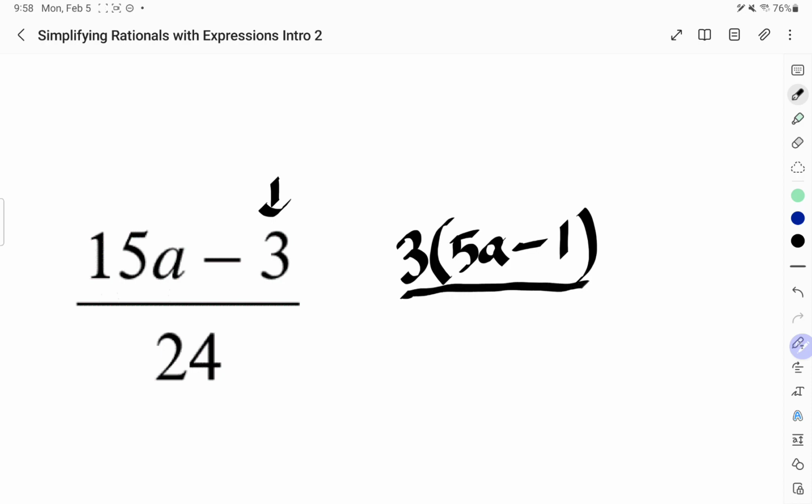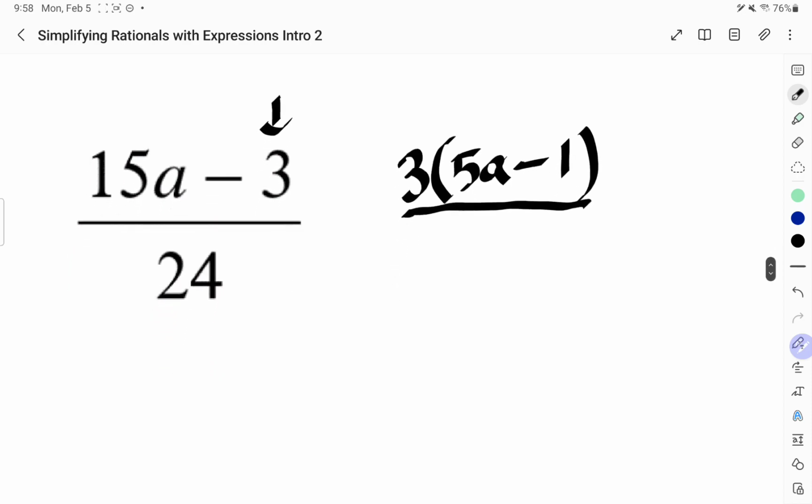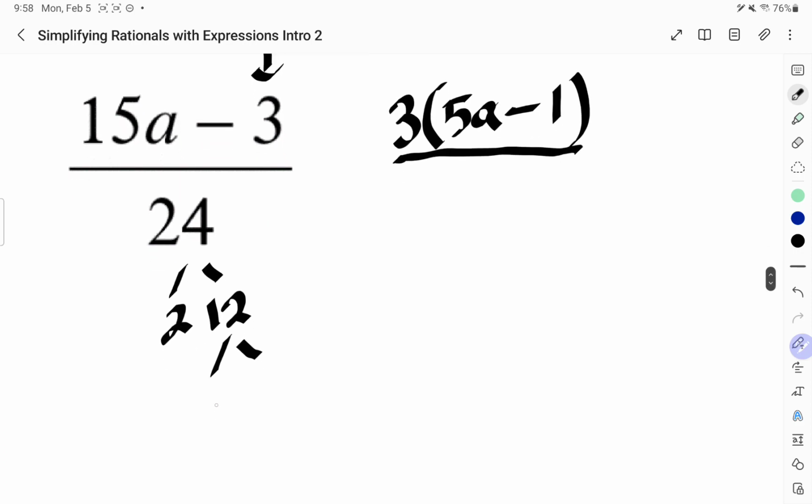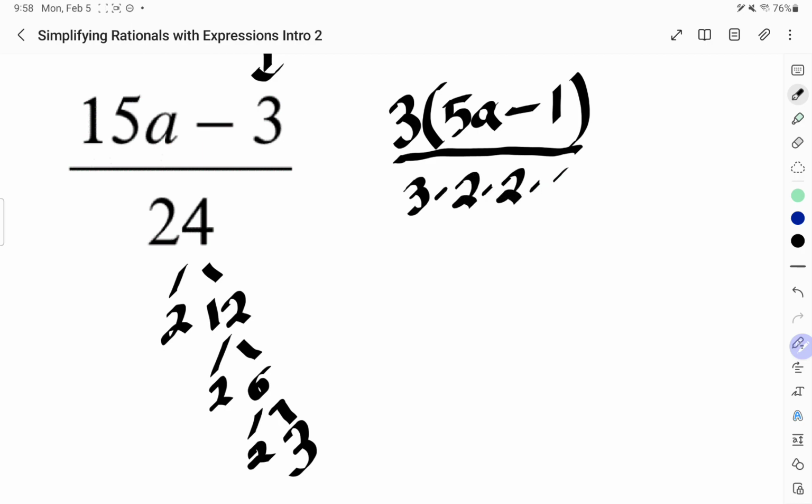Now let's go ahead and find my factors of 24. So what gives me 24? 2 and 12. 2 and 6, and 2 and 3. Okay, so let's go ahead and write my factors. So I'm going to start with 3. 3 times 2 times 2 times 2. Okay, that's all I have.